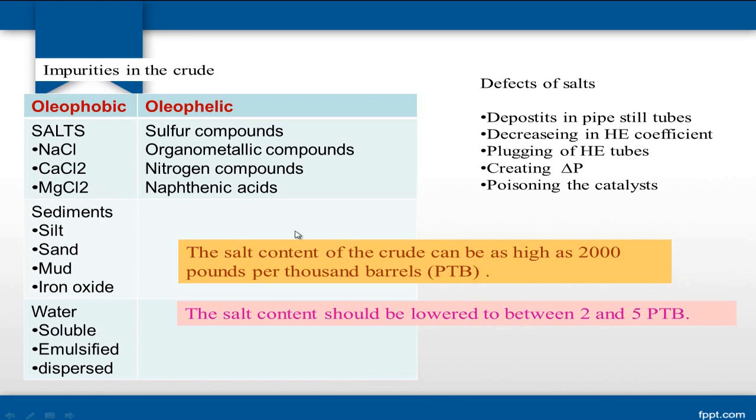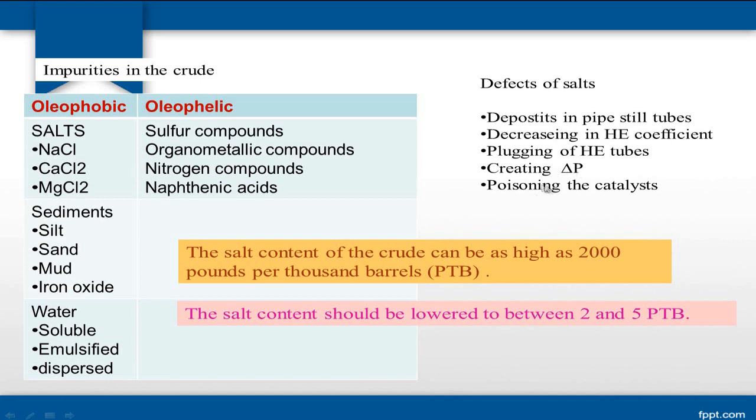If the salt concentration is too high and cannot be removed totally, the salt can cause many problems. As shown here, it can deposit on the surface of the steel tubes, which will decrease the overall heat transfer coefficient, as you know, and can plug the heat exchanger tubes, creating pressure drop along the line.